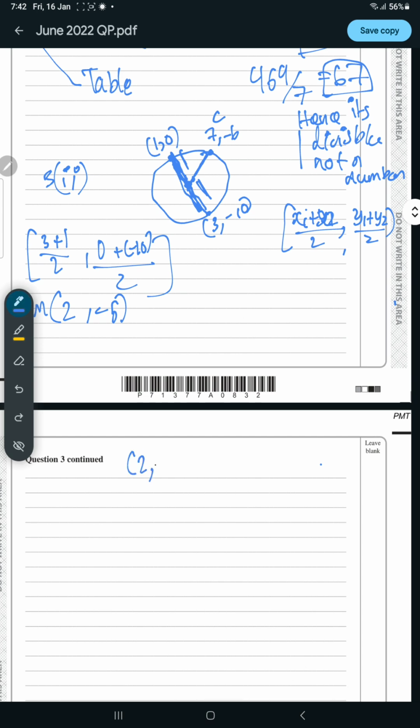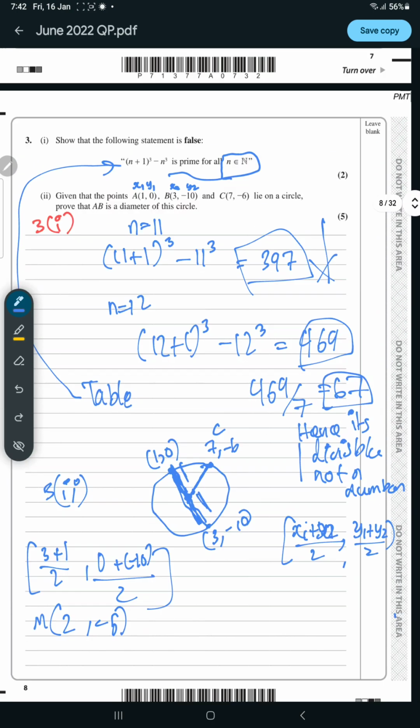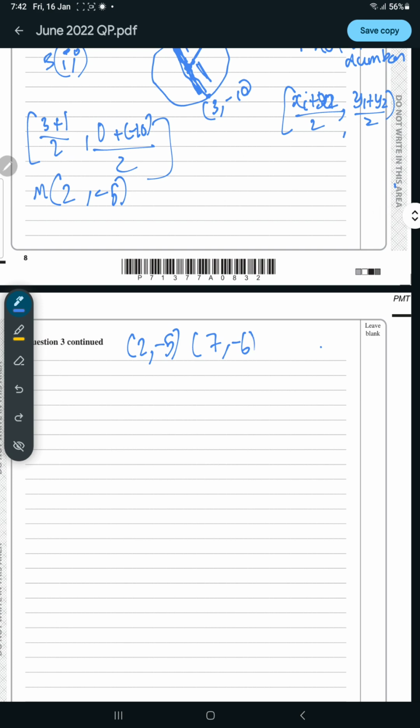So we have the midpoint (2, -5) and the point (7, -6), labelling x1, y1, x2 and y2.